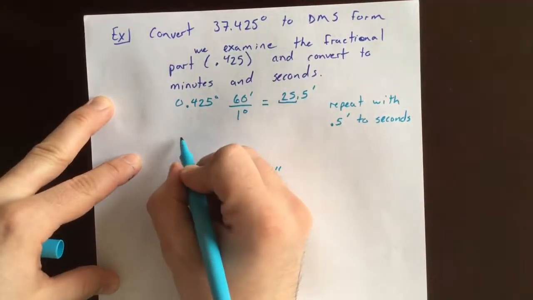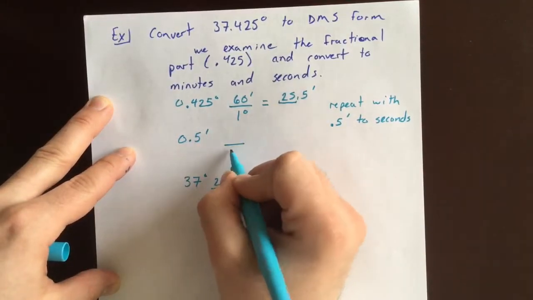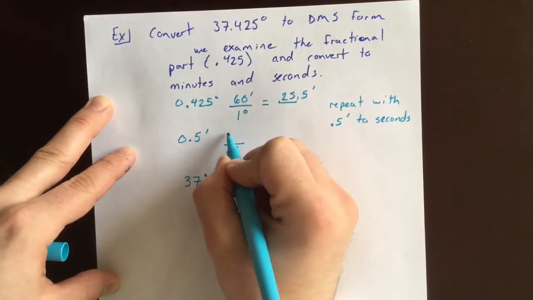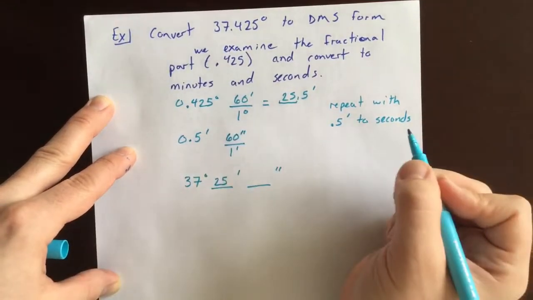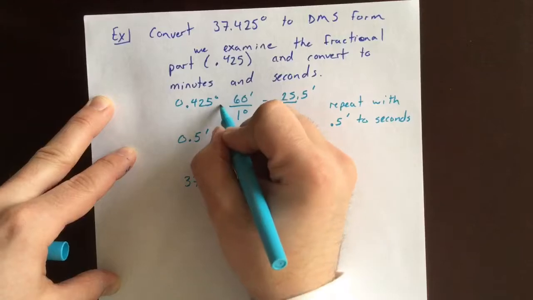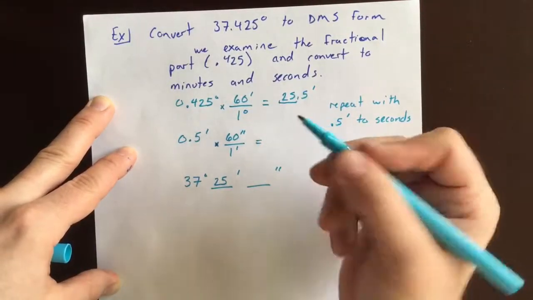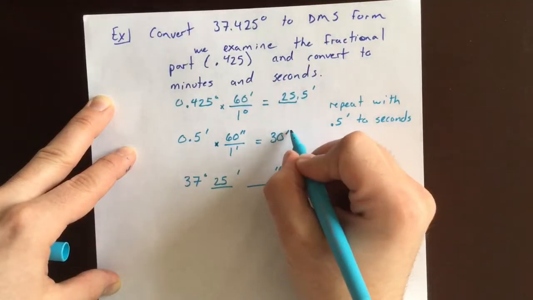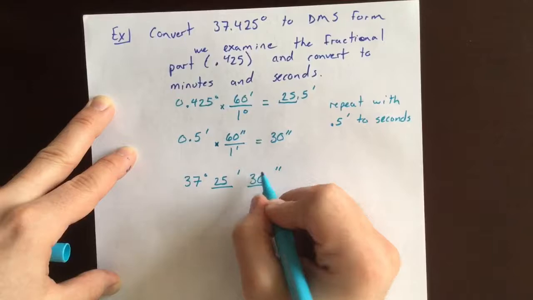Well, we take 0.5 minutes, and we know that for every 1 minute is 60 seconds. We're going to be multiplying the two. So 0.5 of 60, or half of 60, is 30. And there we go.